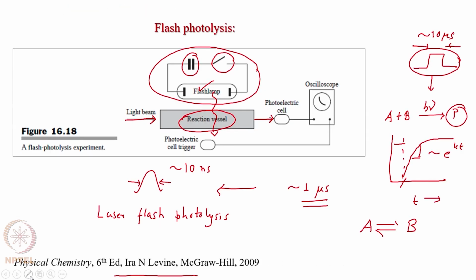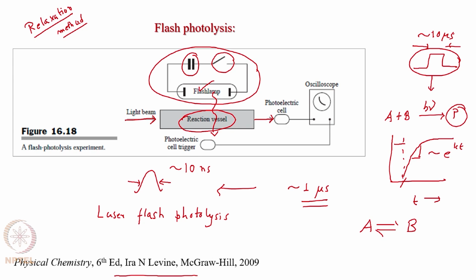By relaxation method you mean that you start with a mixture and then you create some disturbance where the entire mixture goes far from the equilibrium position, and then it relaxes back to equilibrium.